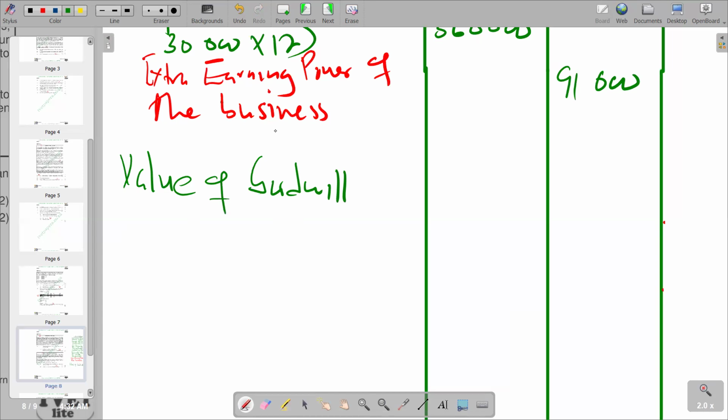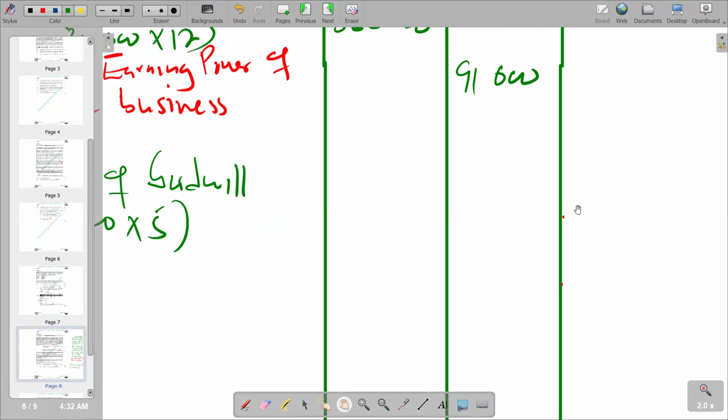So in a question on the calculation of a final price, you say extra earning power that we've got here, then you multiply by a factor of 5. So we say 91,000, then you multiply by 5. And then the answer that we are supposed to get there, we are going to get 455,000. That's the value of goodwill. So it's going to come here as your goodwill.